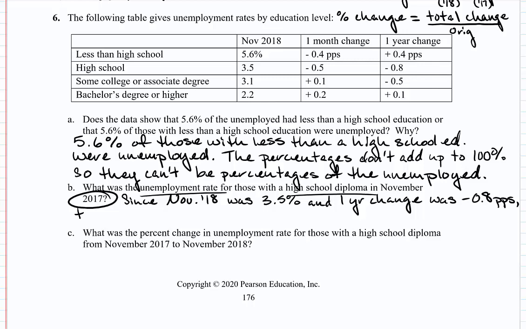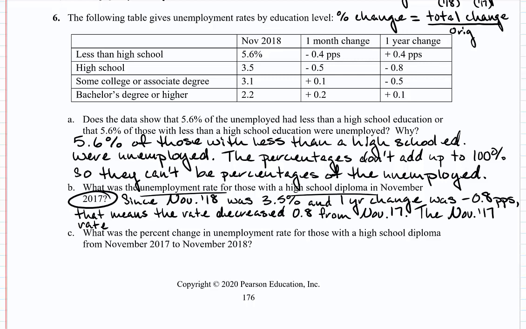That means the rate decreased 0.8 from November of 2017. That's the way you interpret that information. So that means the November 17 rate was 0.8 points higher than November of 2018, right?